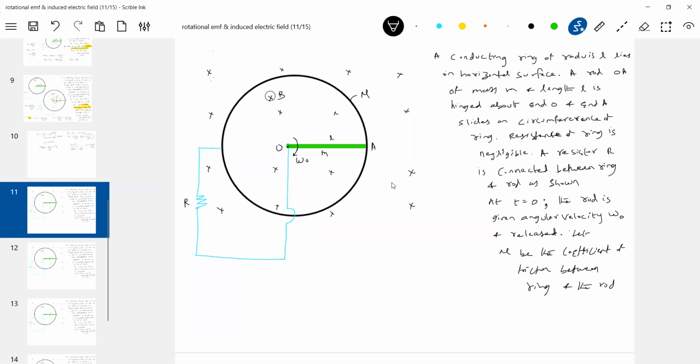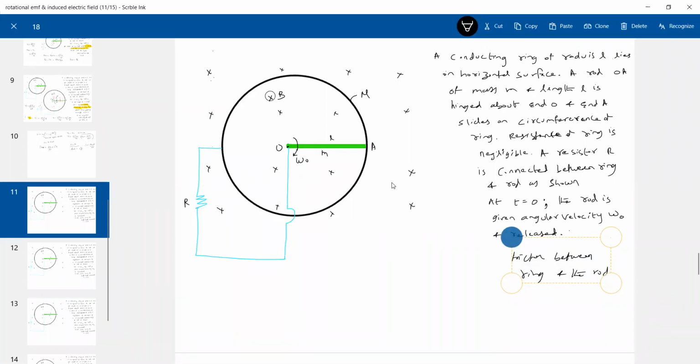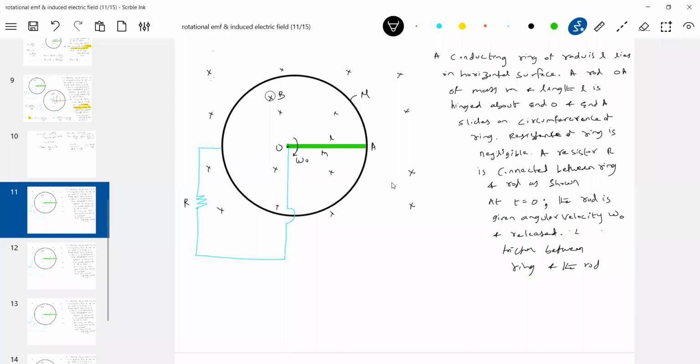Let the friction, I will write it, let the friction between the ring and rod be F, because again you have to work that out.